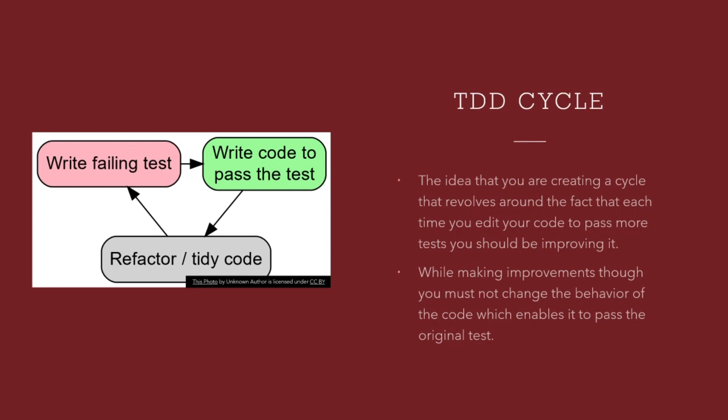And then the refactor is tidying up your code or correcting anything that didn't work. And then you go back to writing another failing test, assuming you passed. If not, you go back, you check your test, and then you rewrite your code and then refactor again if it's still not working. But basically, you're following an endless cycle that should constantly keep improving code.